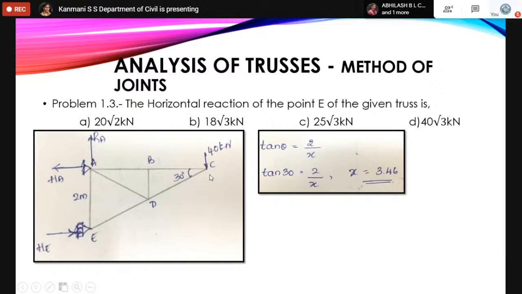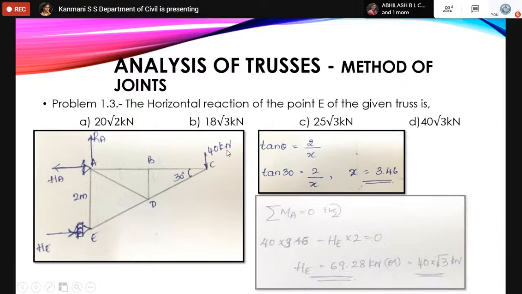So I'll consider this whole triangle and find this distance. Tan theta is equal to opposite side by adjacent side. So opposite side is 2, adjacent side is x. So x is found to be 3.46. So if I take moment about A, it is minus HE into 2 plus 40 into 3.46. If you do that, you will get the HE value.